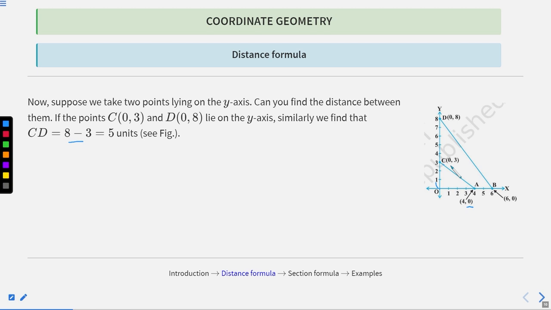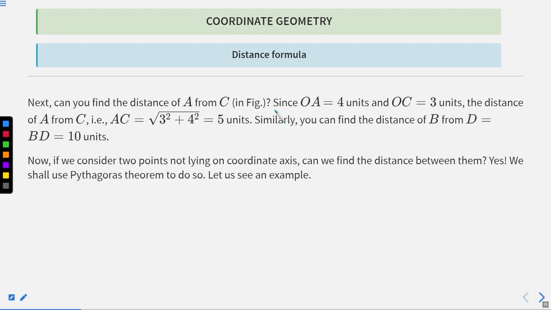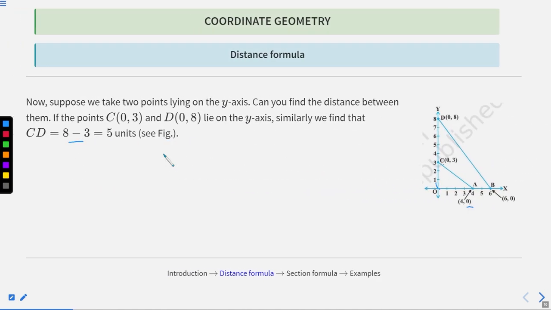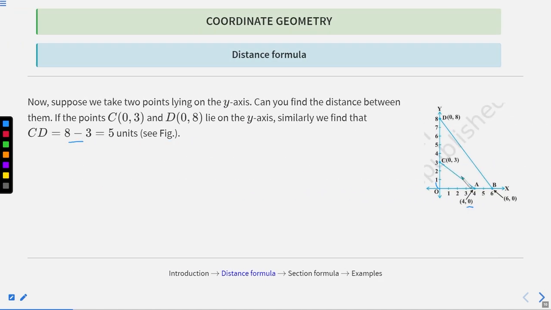Since we know OA is equal to 4 units and OC is equal to 3 units, the distance of A from C is equal to the square root of 3 square plus 4 square, that is 5 units. So you can find the distance of C from A by using Pythagoras theorem.